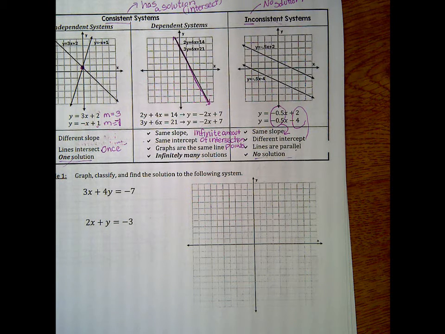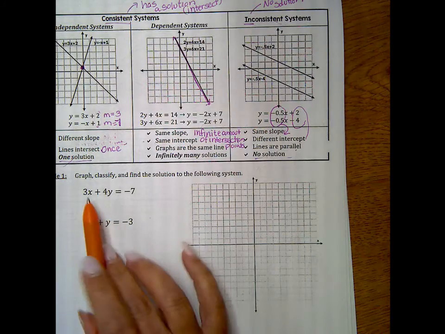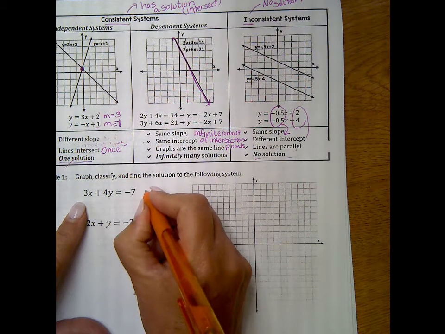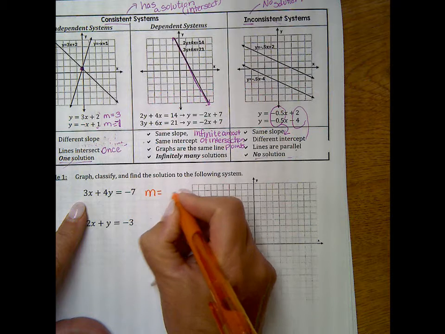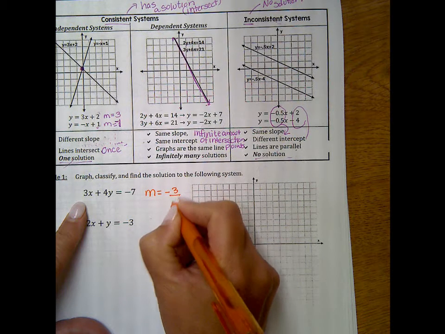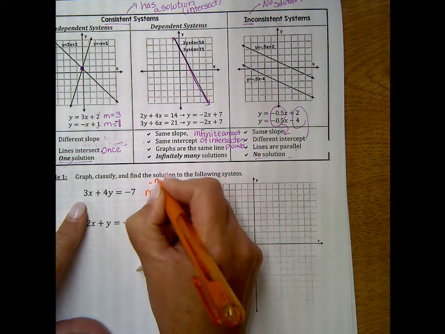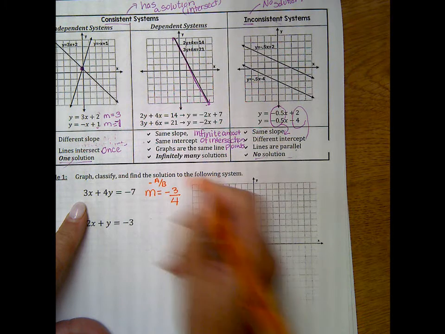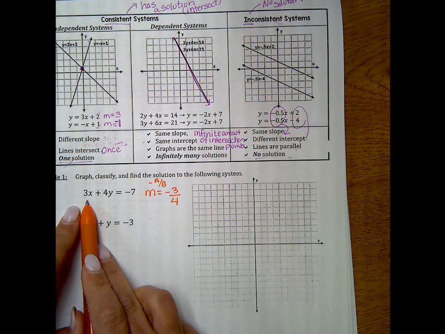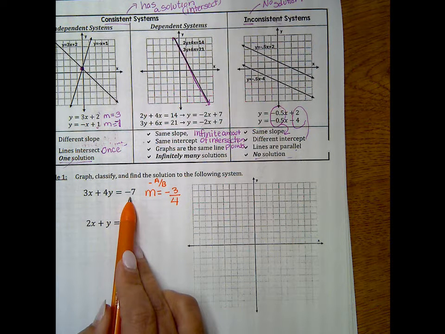The first one is graphing. So we're going to graph the two. This is in standard form, so remember the slope in standard form is negative A over B. The y-intercept and x-intercept are not very nice here.